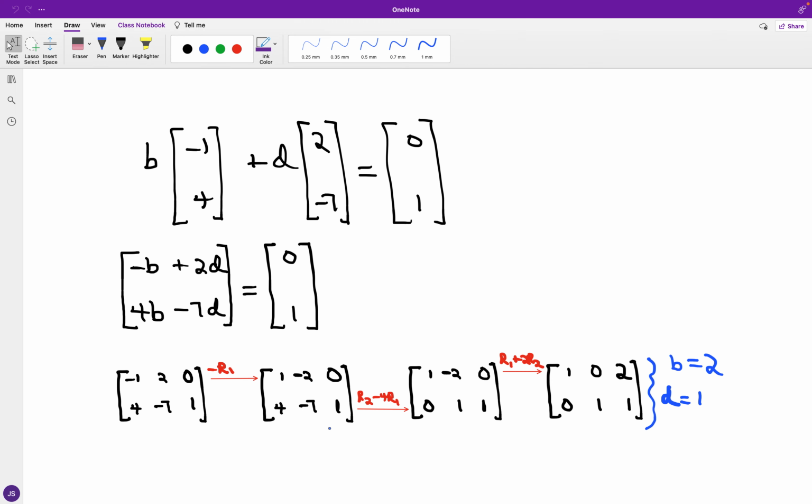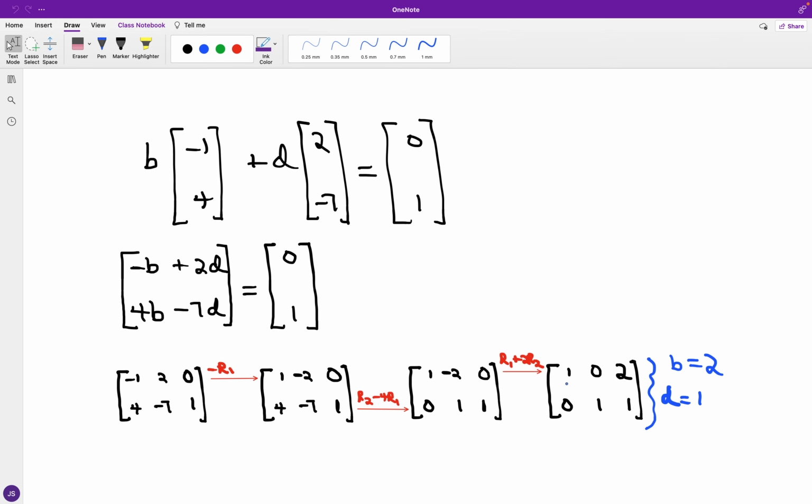Following through and taking the second row and deducting from it 4 times the first row elements. So we have 1 to result as I take negative 7 minus 4 times negative 2, and 1 minus 4 times 0 is 1. So the bottom row is going to be 0, 1, and 1. And then finally getting to the reduced row echelon form, I'm going to add twice the second row to the first.